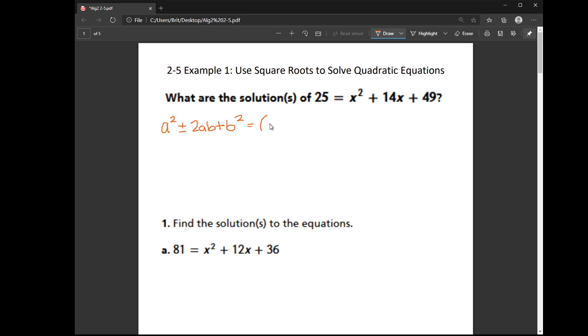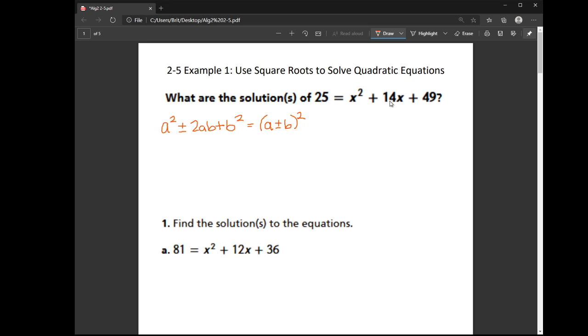It depends on this first part. So if this says a plus b, this will be a plus. And if it says a minus b, this will be a minus. But this here is the formula. So notice that there's a 2 here and that b is squared here. My a value in this situation is 1, so it doesn't really matter.